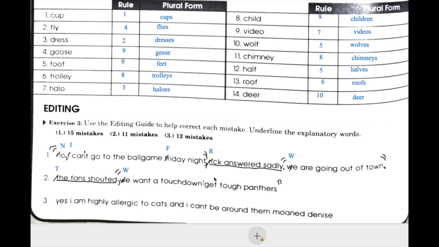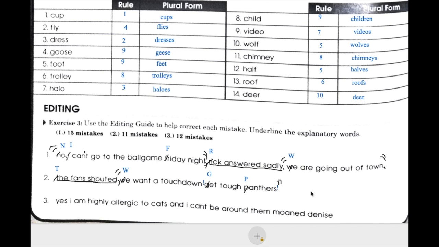Let's capitalize the first word of the next sentence. Get tough Panthers. Panthers should be capitalized. It's a proper noun because it's the name of a team. And again, we need an exclamation point at the end of this sentence, but inside the quotation marks, right? So right here.